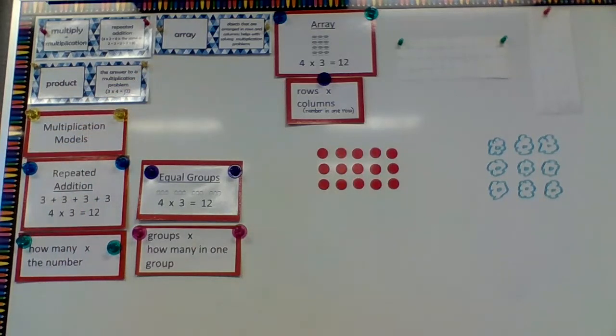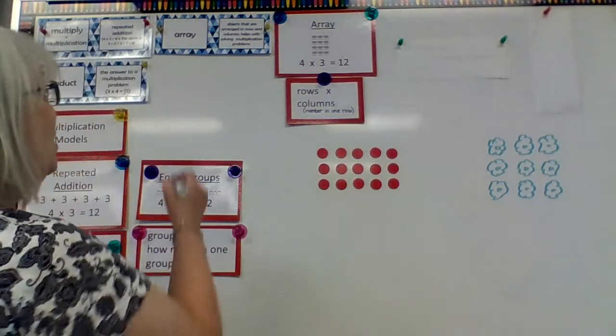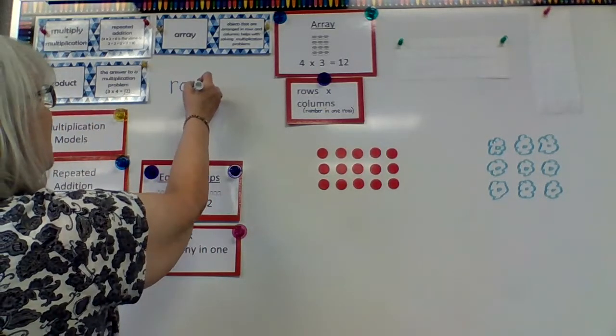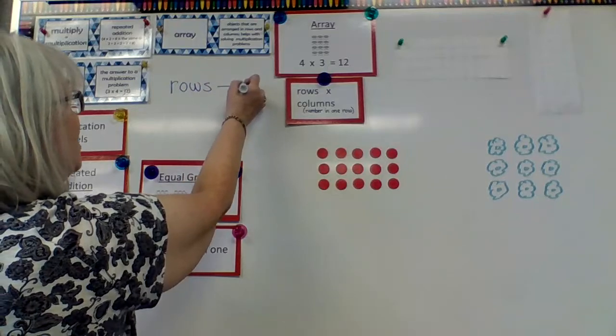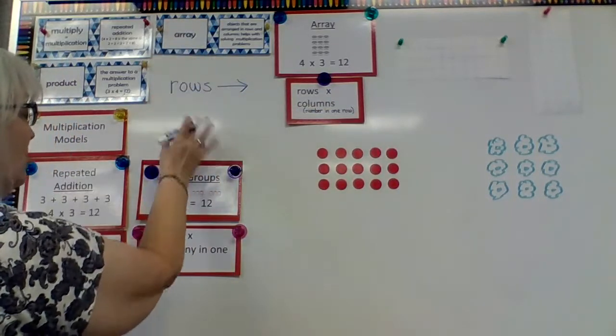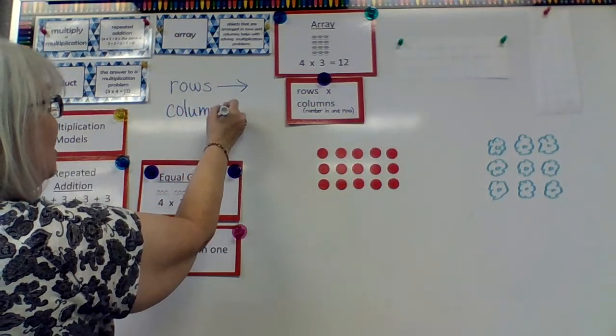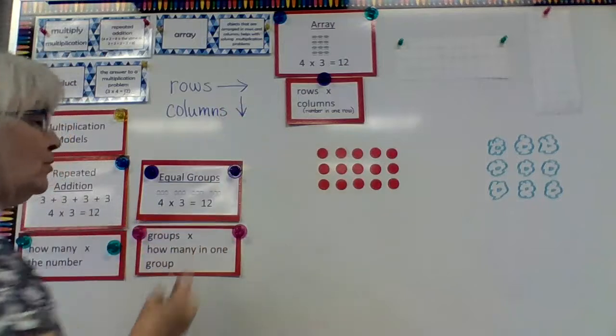You see arrays a lot, you just don't know that you're seeing them, or that's what they're called. Arrays are when objects are arranged in rows. Rows go horizontal. Things are also arranged in columns. Columns are vertical. They go down.